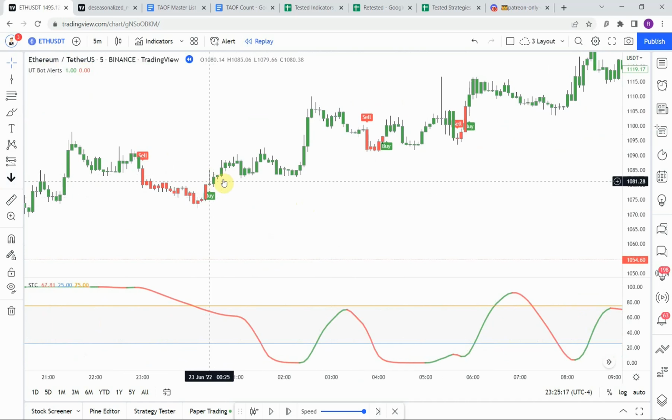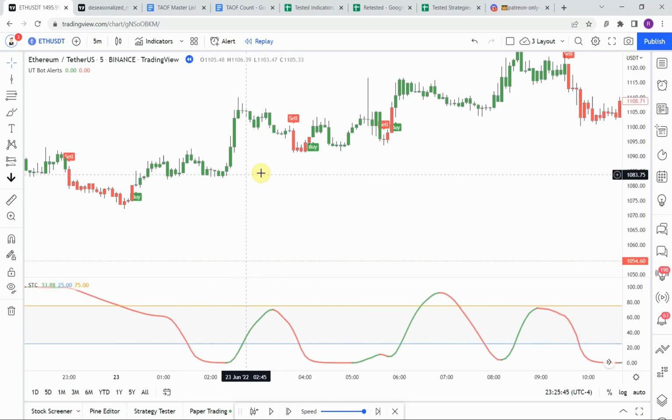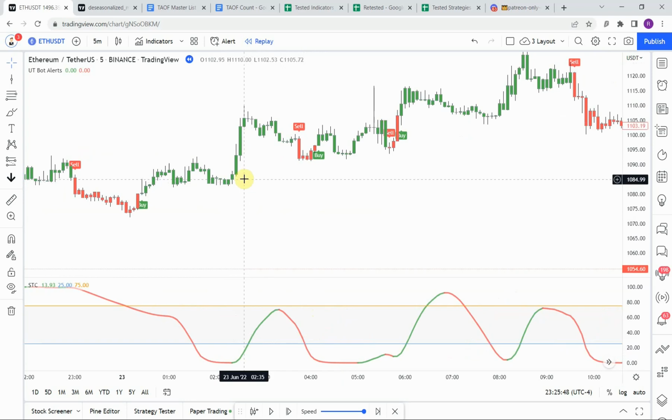So if I got a buy signal like this or a sell signal like this, and the STC line didn't match up, as long as it stayed in the color, so in this particular case, we got a buy signal, it stayed green the entire time, and then the STC finally caught up to it over here, I was taking those as a valid entry as well.